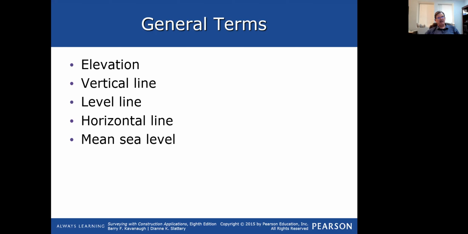A level line is literally just what it says, the line that is level between 2 points, A and B. The top of that picture frame is your level line. A horizontal line is a little bit different than a level line, and we'll see that in a minute, but they're really pretty similar. And we talked about mean sea level as once being the standard from which everything was measured.